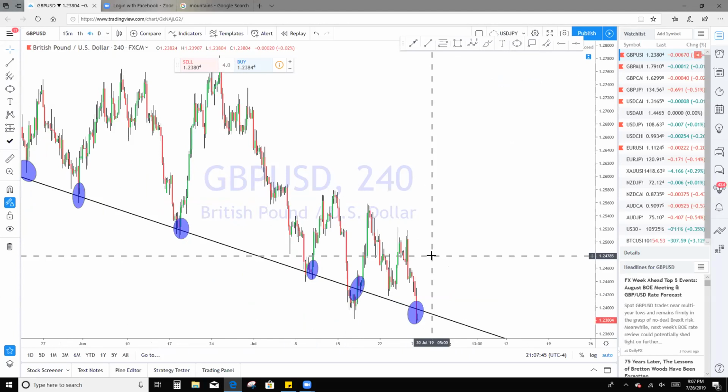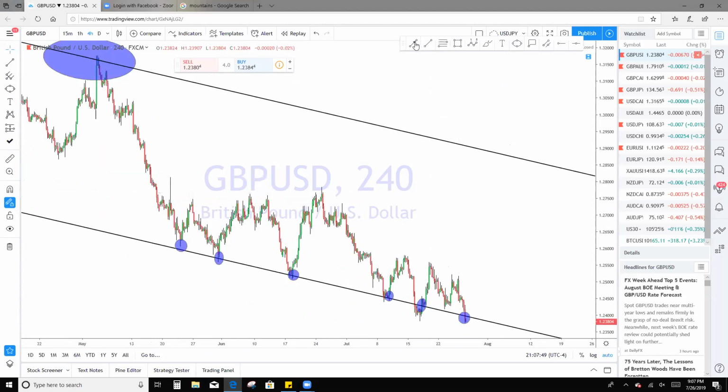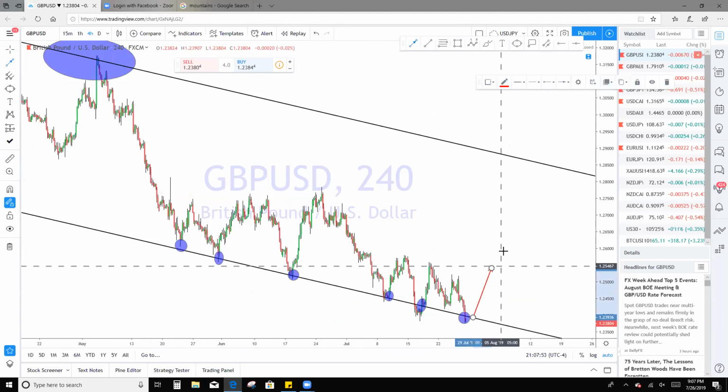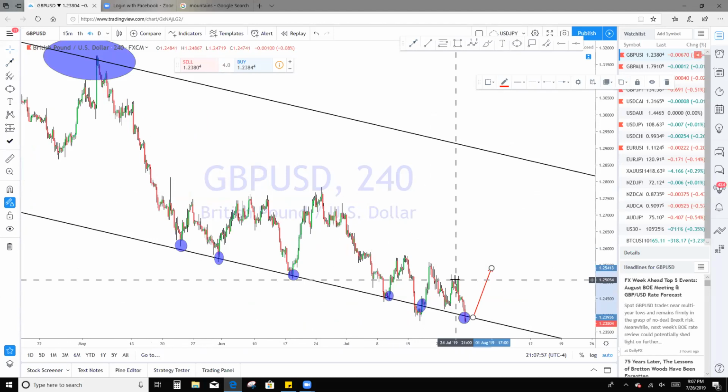Anybody? It's going to go back up. You're exactly right. So what are we expecting GU to do next week? Go back up, potentially.